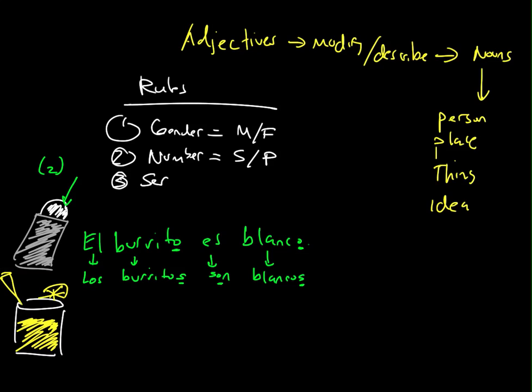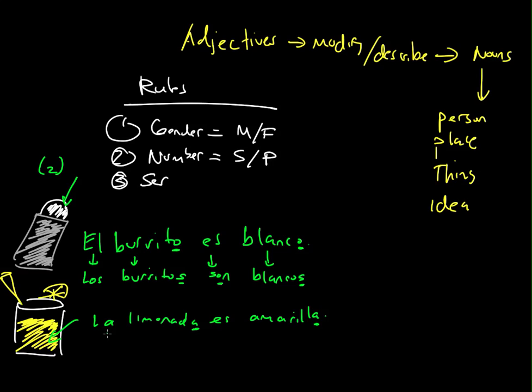So let's describe the lemonade. So we will say la limonada es, we're going to say it's yellow. So amarilla. So we have an A here because limonada has an A. So they're both feminine and they're both singular.